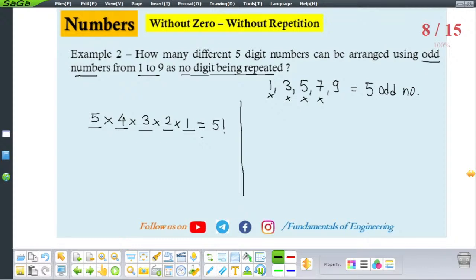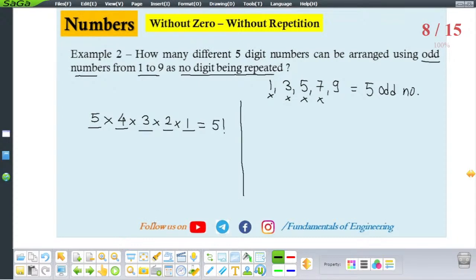What is the 5 factorial value? What is the answer? Not 5; the 5 factorial value is 5 into 4 into 3 into 2 into 1.